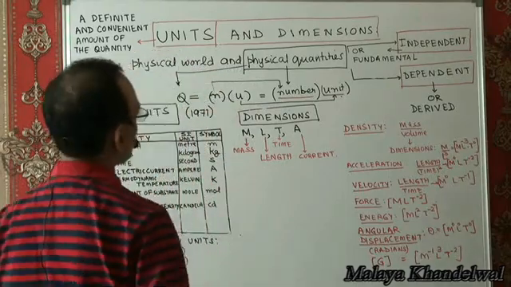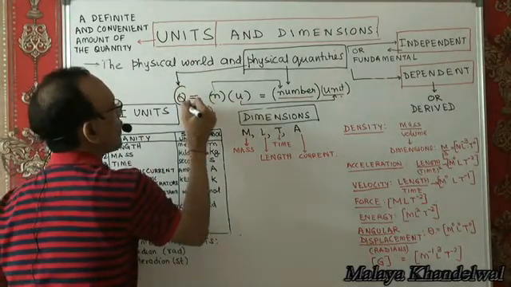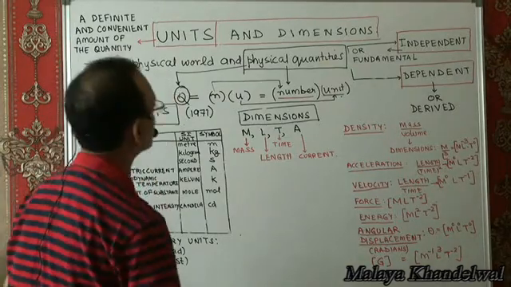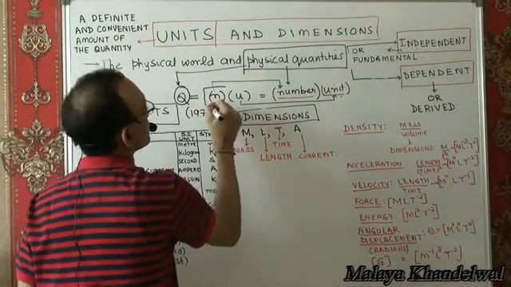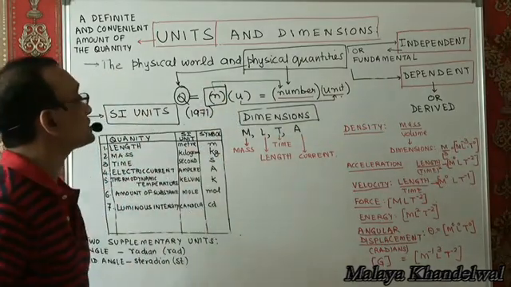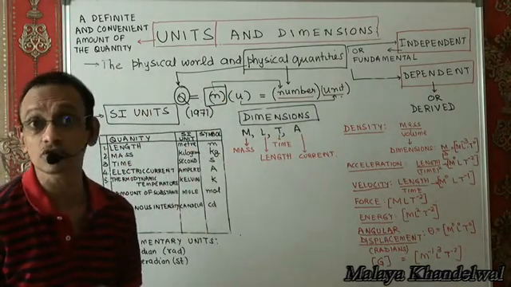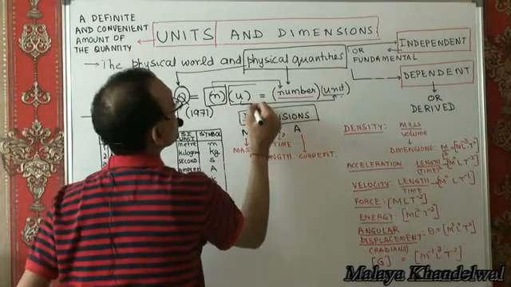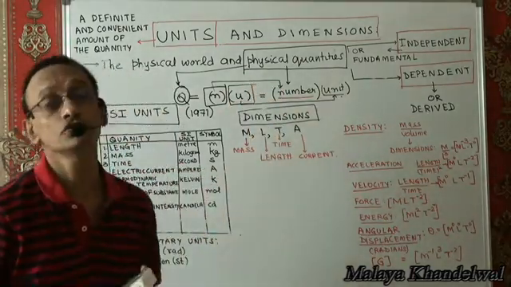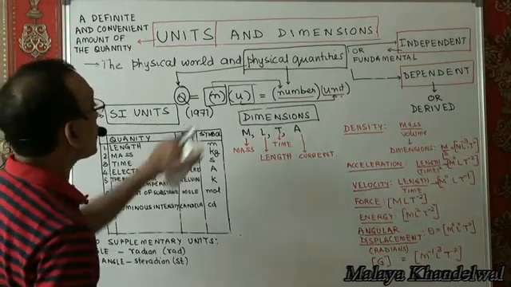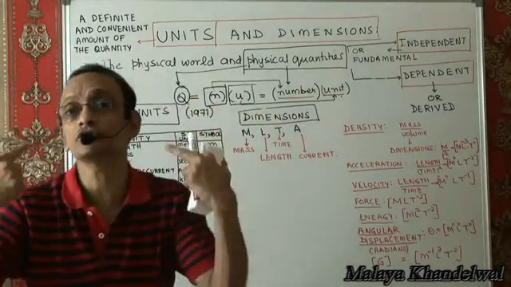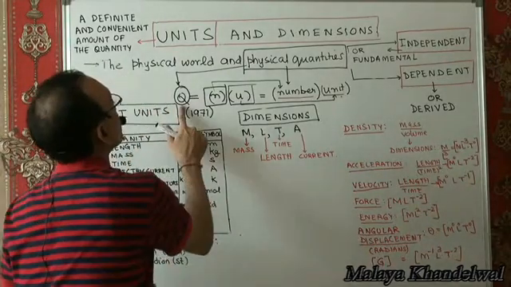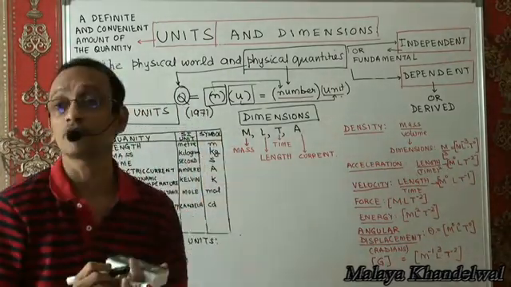So then we say the amount of a physical quantity Q has a number n associated with it, and it has a unit u associated with it. So n into u, the number into the unit, is the amount of physical quantity.